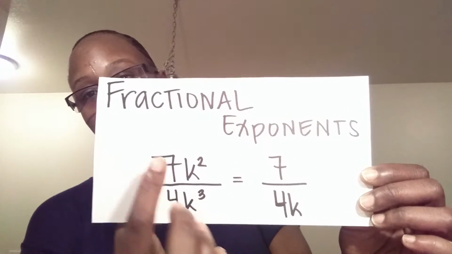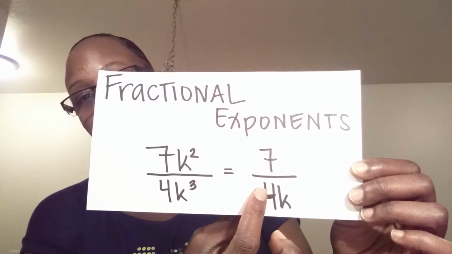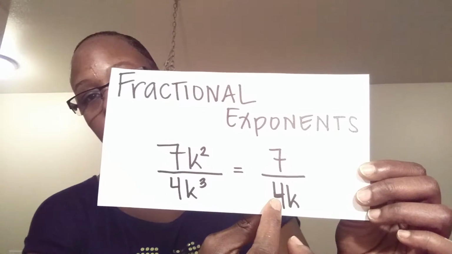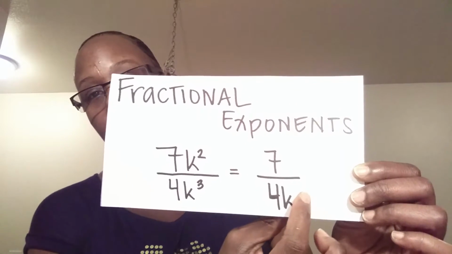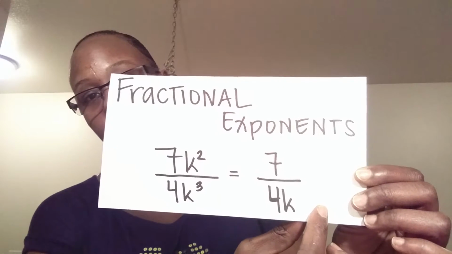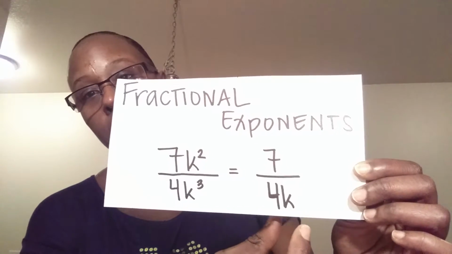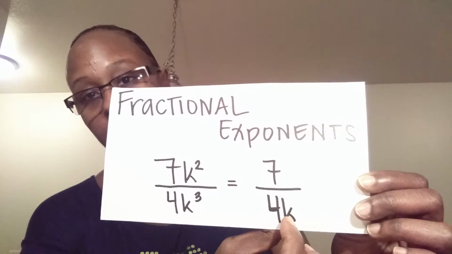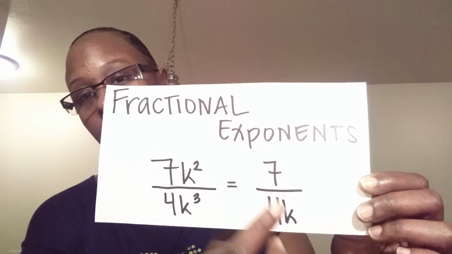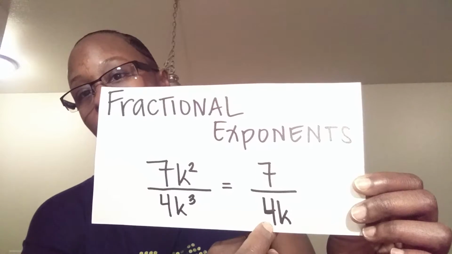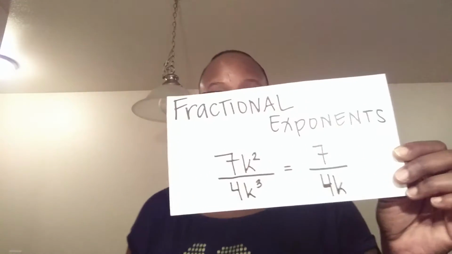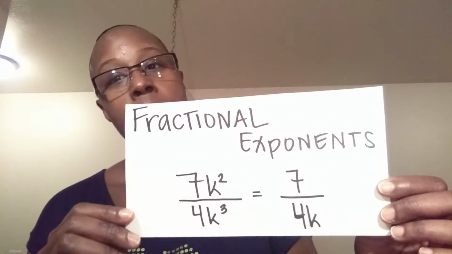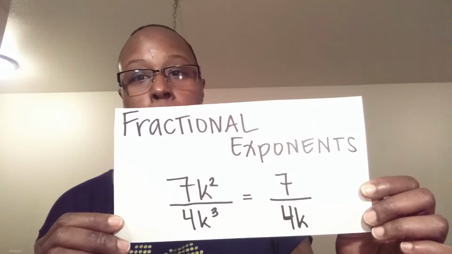See there? And you'll end up with 7/4 k to the negative 1. And all you do, put that k right on the bottom. And you end up with 7/4k. And that's how you do a fractional exponent.